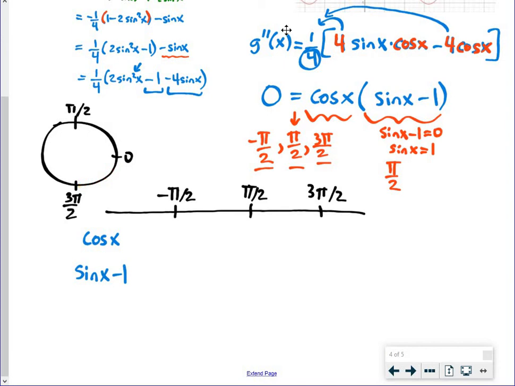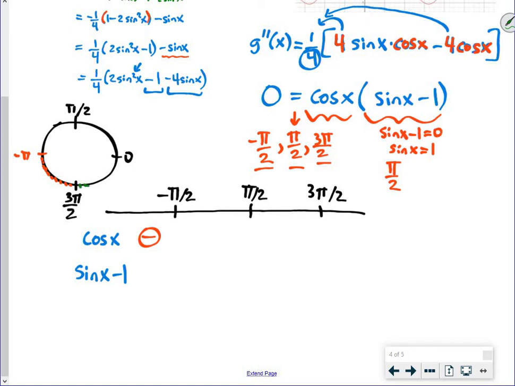Okay, so negative pi, to the left, cos would be negative on that interval, between pi and negative pi over 2.